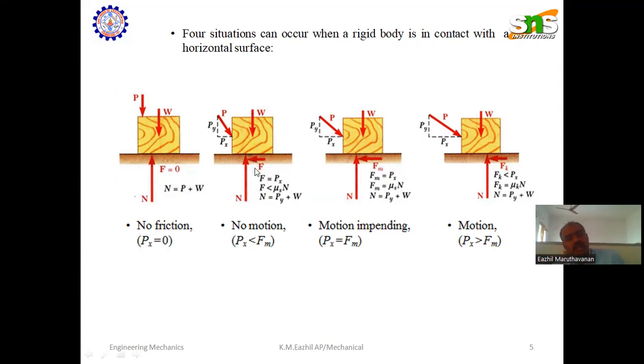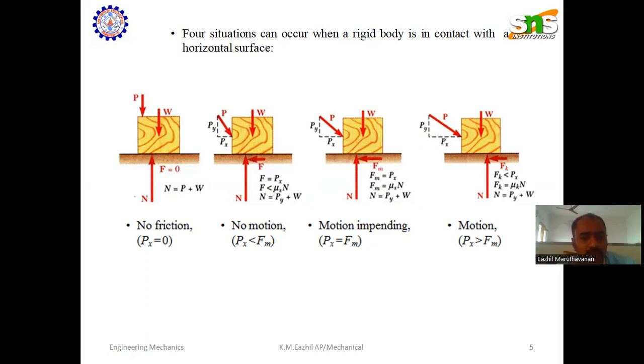When P is inclined, we have to resolve it into Px and Py. For horizontal motion, we get Px in the positive direction and F in the negative direction. Therefore, Px minus F is equal to 0, so F is equal to Px.